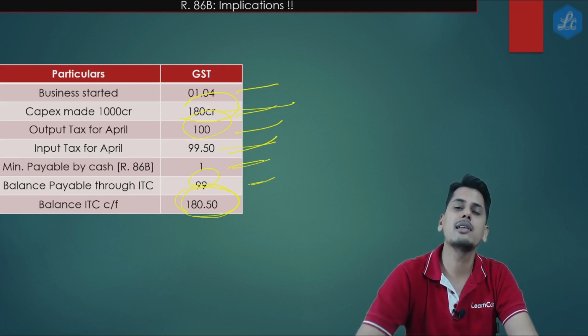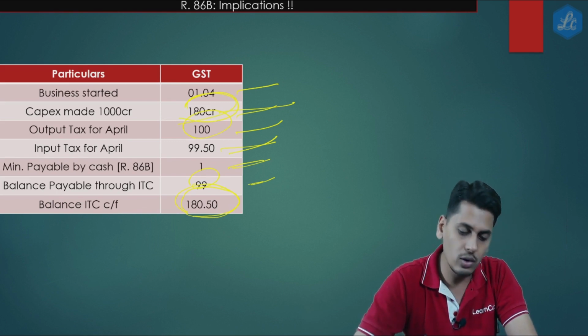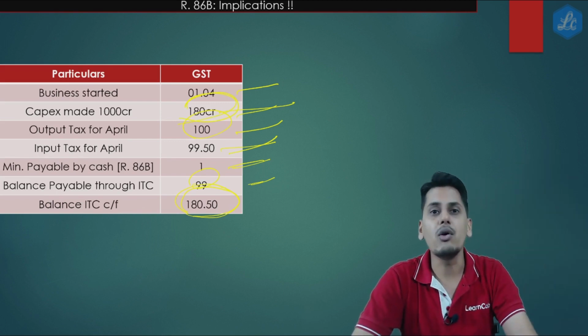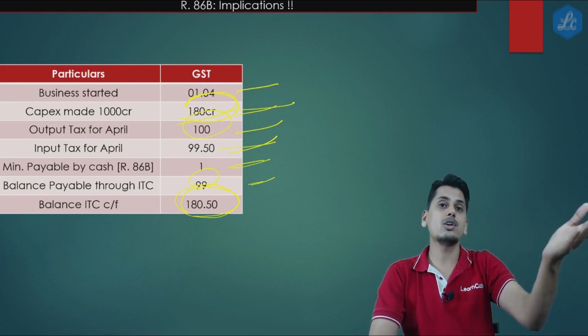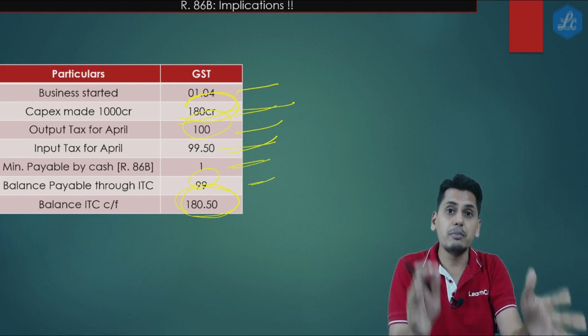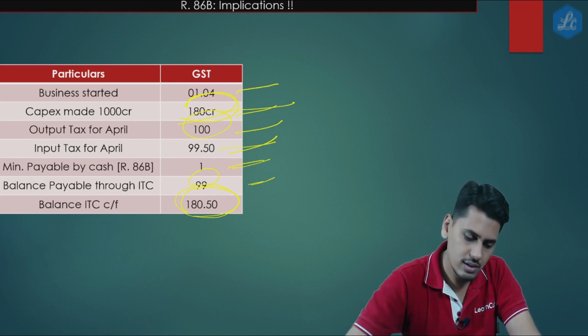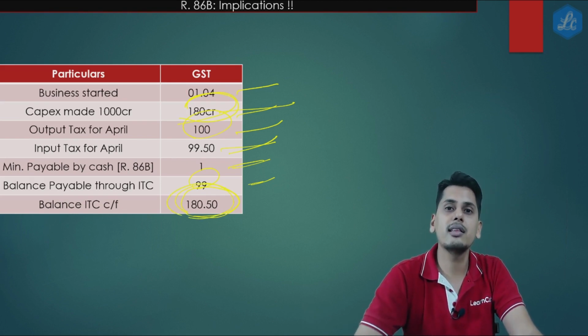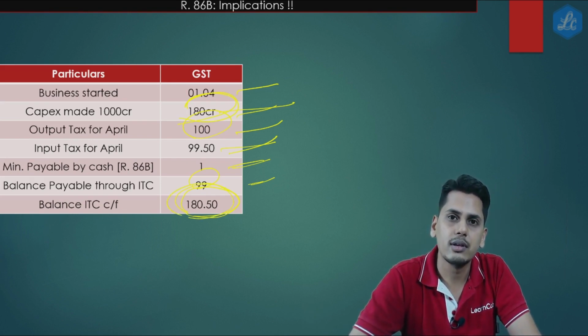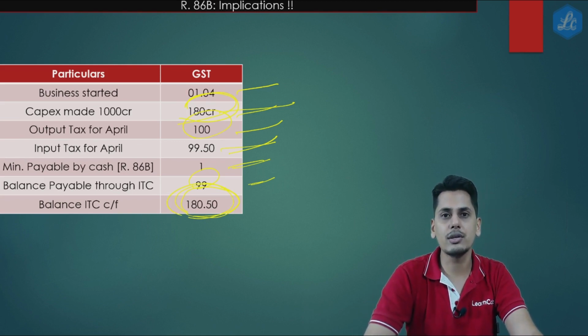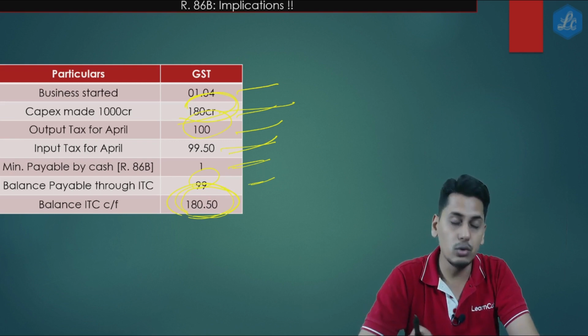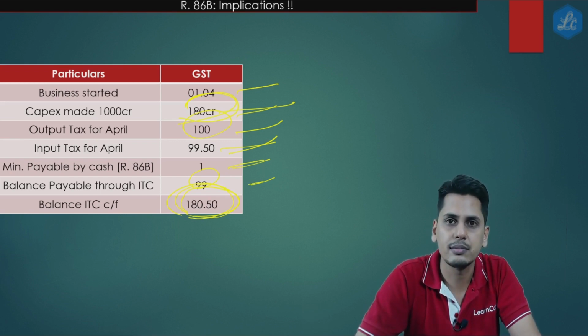He is agitating with the government. It was 180 crores, now it should come down, because only when my electronic credit ledger balance will come down, it means that I am encashing this money. But rather than this, you are increasing it by another few lakhs. It has now become 180.50 crores. What was your intention behind bringing 86B? To check input tax credit frauds.